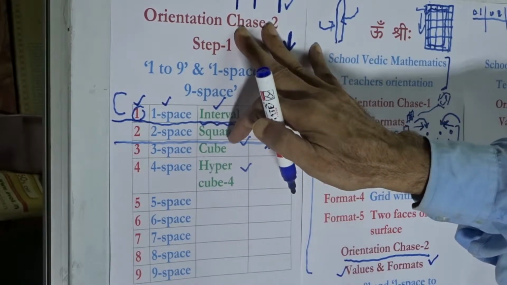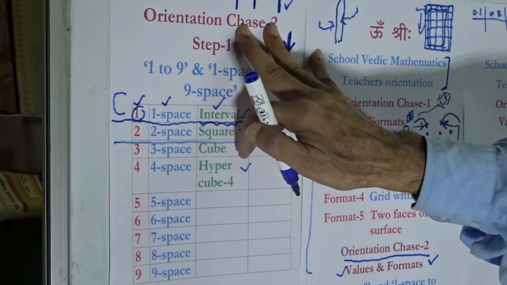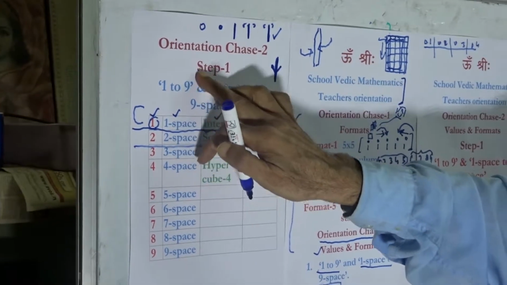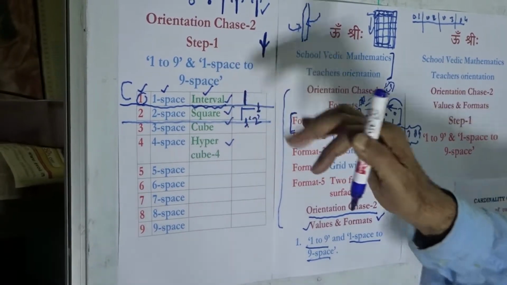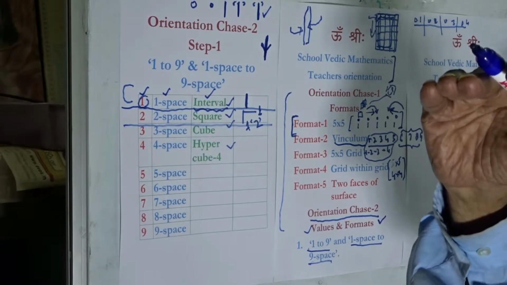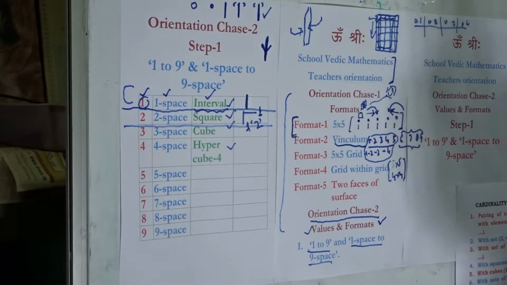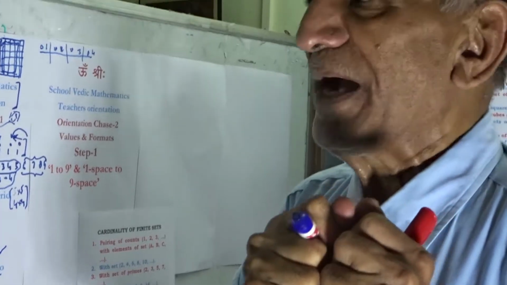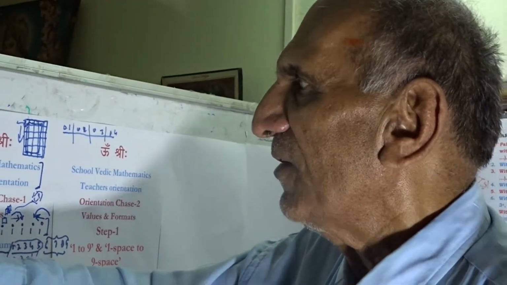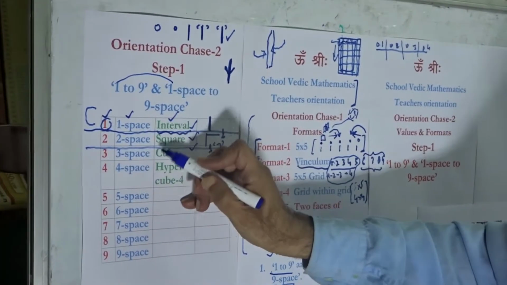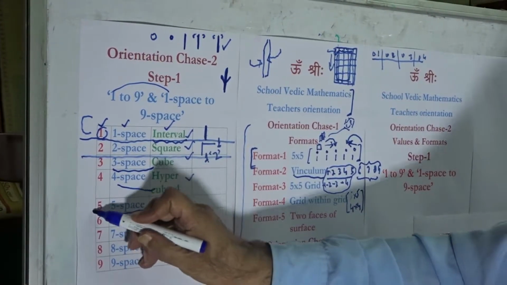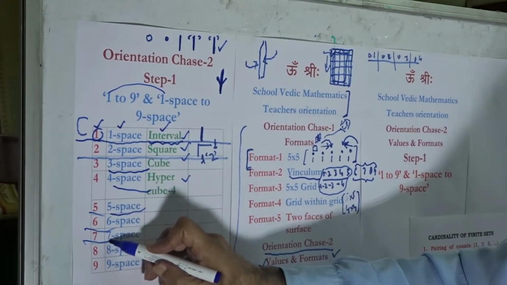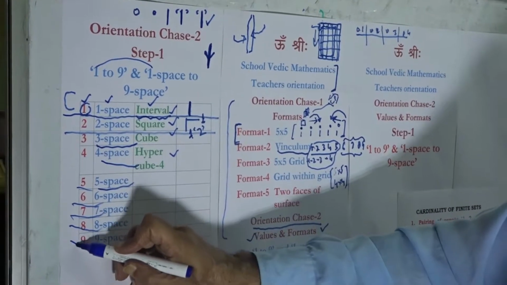So this is the second phase in which we are at present, and when we are taking this step 1, the aim of this step 1 is that somehow we shall be in a position to properly impress upon the young minds that 1 and 1 space, 2 and 2 space, 3 and 3 space, 4 and 4 space, 5 and 5 space, 6 and 6 space, 7 and 7 space, 8 and 8 space, and 9 and 9 space are accepted pairings.